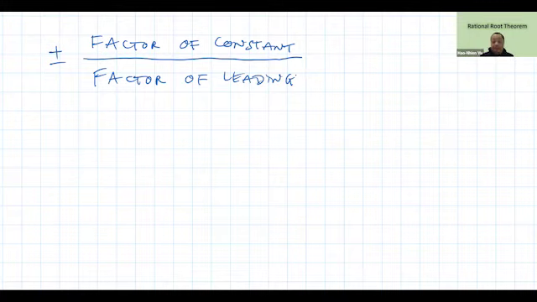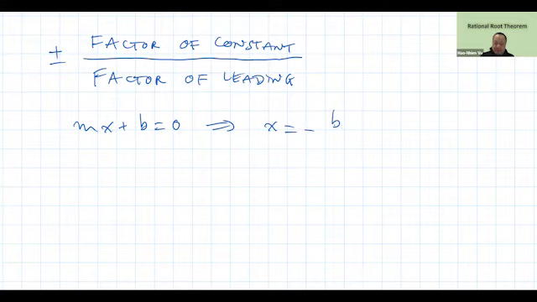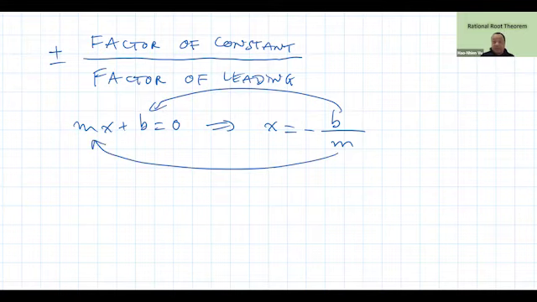I remember that because in my mind, I think of the simplest polynomial equation, mx plus b equals 0. Then the solution to this is negative b over m. B is the constant and m is the leading. So it's constant over leading and not the other way around. My own little memory trick.